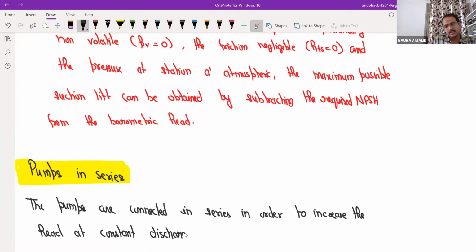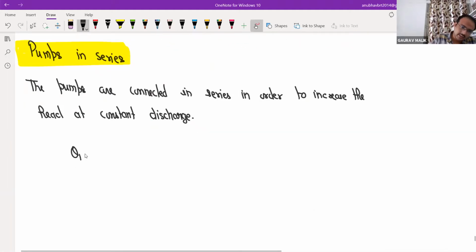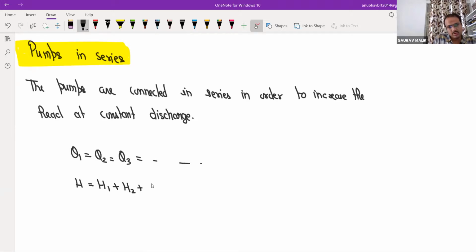That is, Q1 is equal to Q2 is equal to Q3, and H is equal to H1 plus H2 plus H3, and so on.